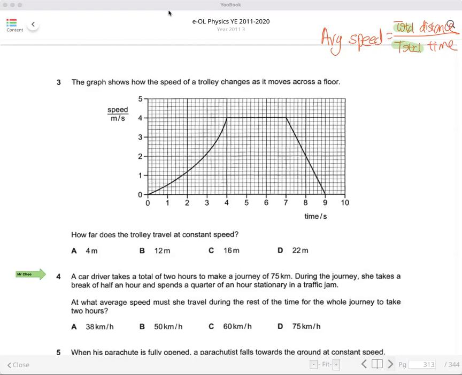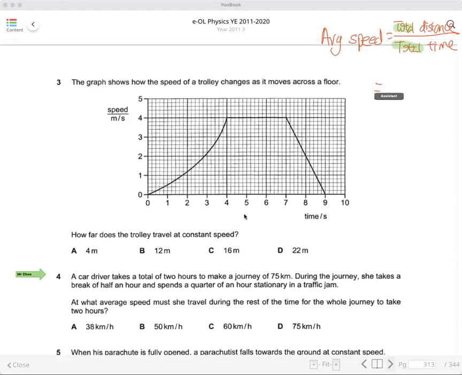Who needs help? Bei Kwan, Hao Rui, and Ryan, what's your answer for question 4? Okay, Hao Rui, well done. Bei Kwan, incorrect. Try again. Let me continue giving the clue.